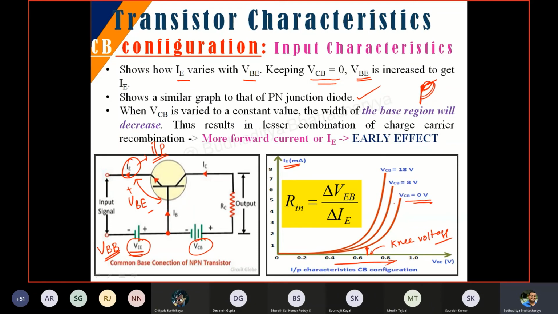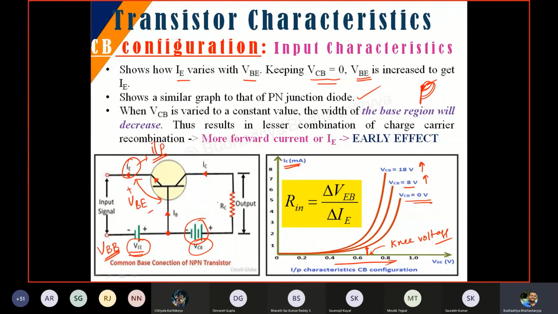Usually, this knee voltage will vary based on the diode, whether it's a silicon based component or a germanium based component. But the important factor is, if you observe that as we go on increasing VCB, 8 volt, 18 volt, what is VCB? VCB is this side. So listen to this very carefully.